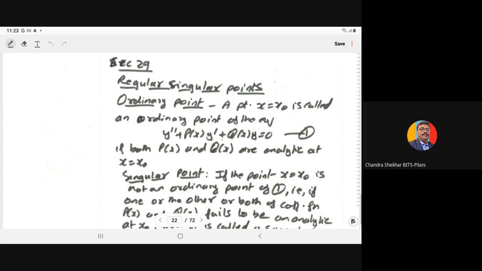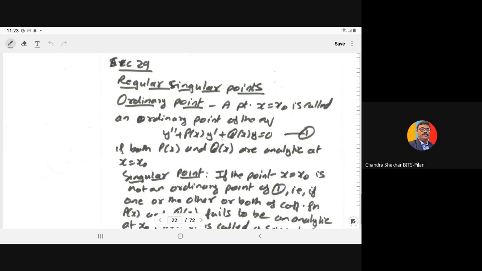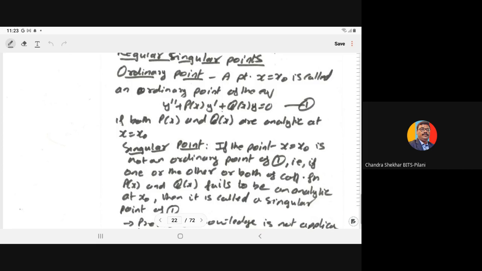If either p or q or both are not analytic at x is equal to x naught, then we say x naught is the singular point, and at the singular point you cannot determine the power series solution.